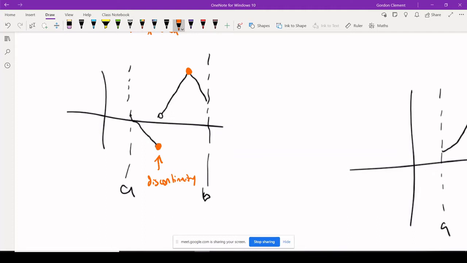And what about the top of the V up here? It goes from increasing to decreasing. What's happening with the slope at that point? Does anyone know?